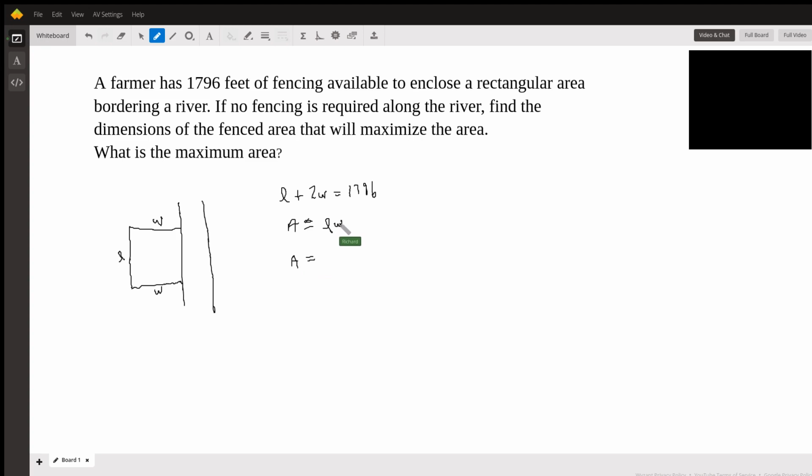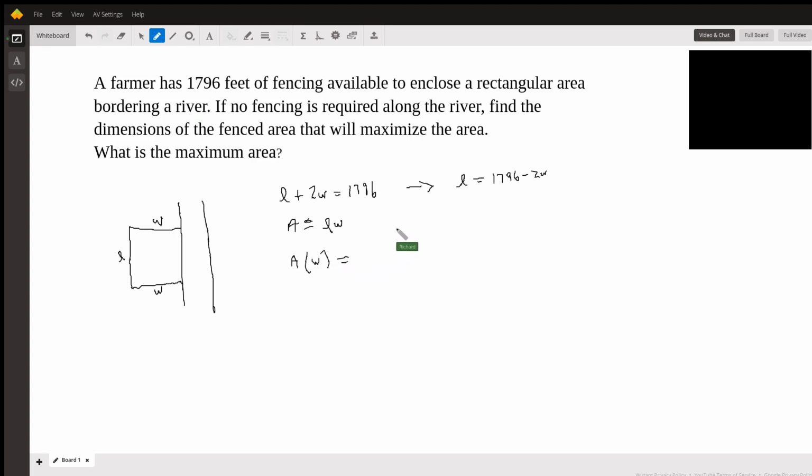I'm going to use width, because the length, we're going to rewrite as L equals 1796 minus 2W. And so now I can write this as a function. I'm going to use a little different notation because I want to emphasize that this is now a function of the width only. So here's a function of the width.